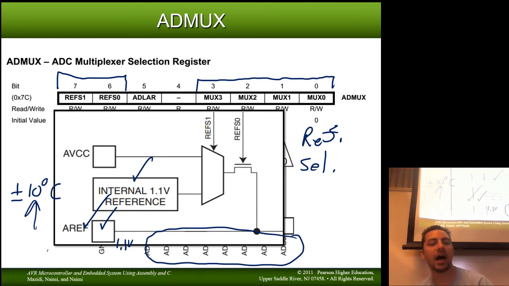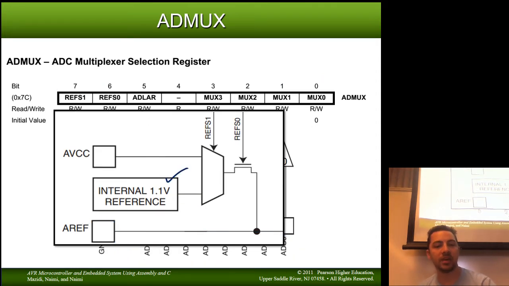We have a lot of options as to what we can choose here. We can choose the internal reference. We can also pump in a very clean voltage, any voltage we want really, to the AREF pin and use that. Finally, we also have the option to use whatever the analog VCC voltage is.